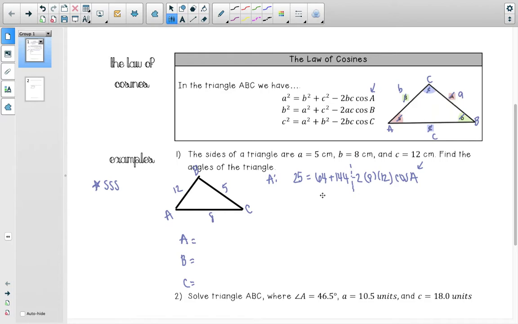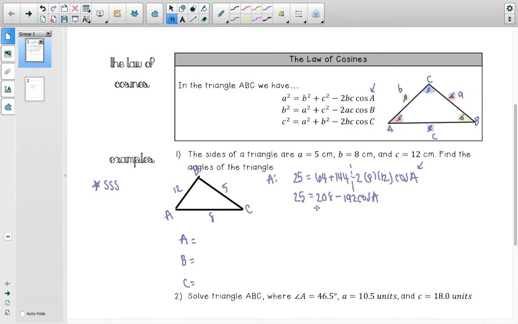Maybe that will help. So 64 and 144 is 208. Minus, and we're going to do 2 times 8, which is 16, times 12, which is 192. So again, this 192 is attached to cosine of A by multiplication.